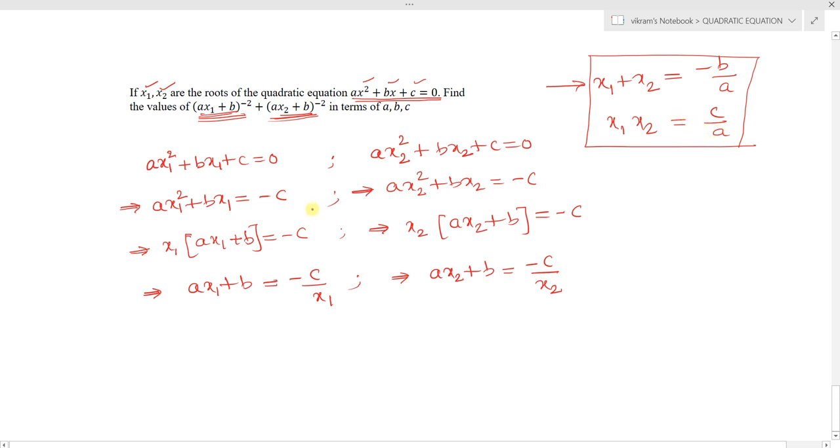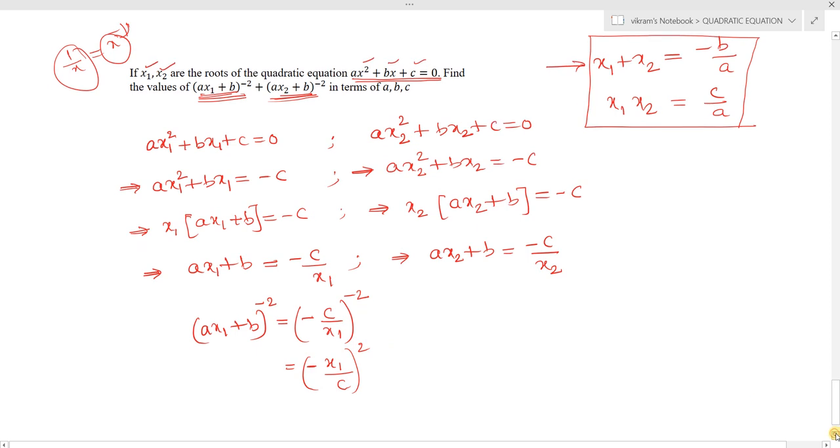This has to be written when we read the question itself. And what he is asking us to find is (ax1 plus b) power minus 2, which equals (minus c by x1) power minus 2. Here 1 by x can be written as x power minus 1, so if we take the reciprocal, it will be minus, then minus into minus will be plus, and we can write it as (x1 by c) whole square.